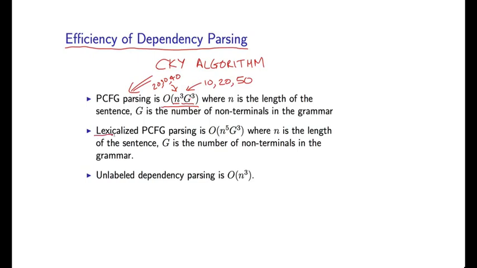Lexicalized PCFG parsing is, at least under the methods we saw, n to the fifth, where n is the length of the sentence, and again cubic in the number of non-terminals in the grammar. So this is really getting very expensive. Algorithms for unlabeled dependency parsing, again, are generally based on dynamic programming.